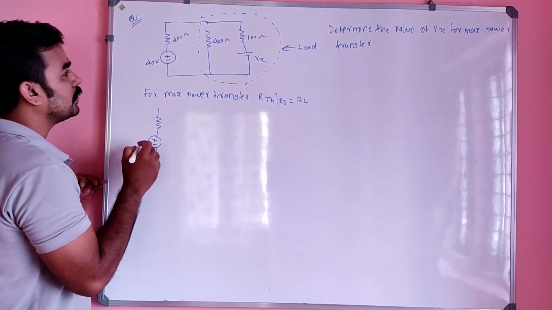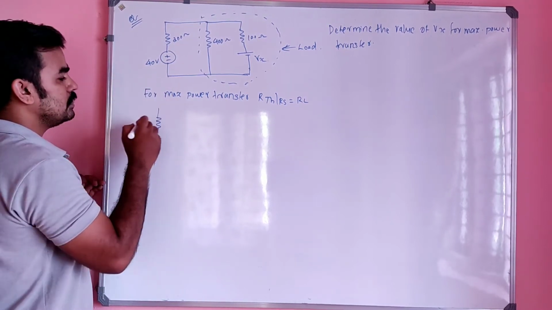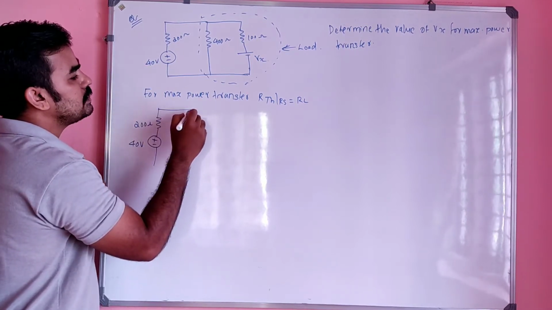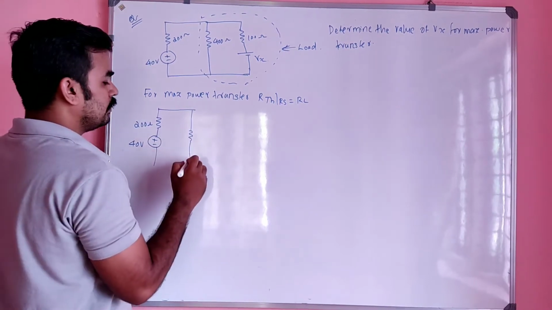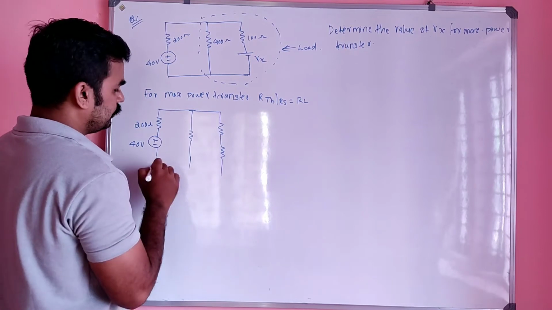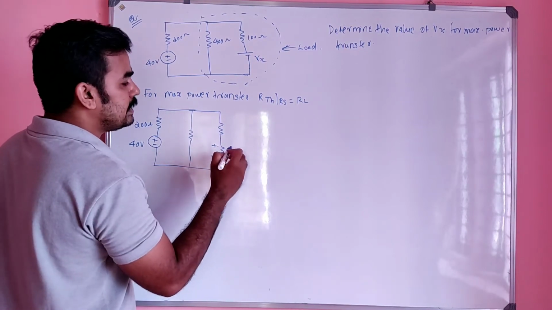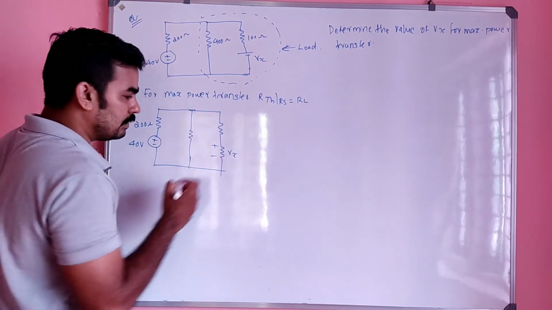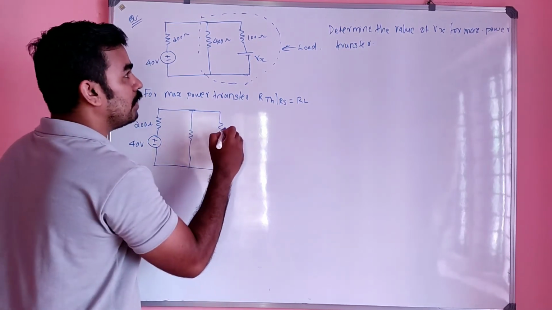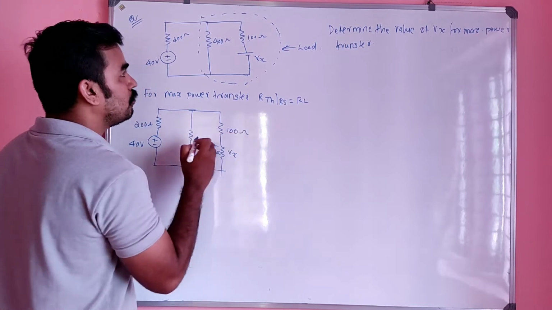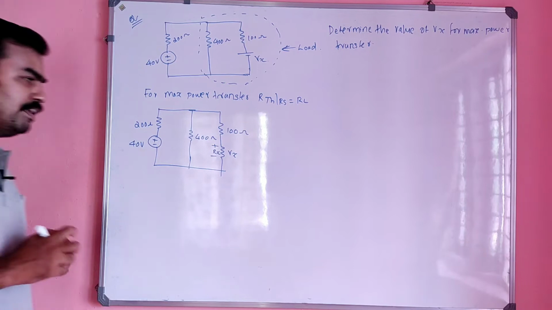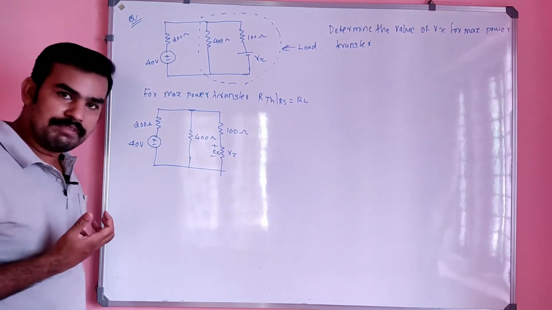This is 200 ohm, no issue there, and this I can make Vx with a resistor of value Rx, and this is 100 ohm and this is 400 ohm. The concept is very important here.